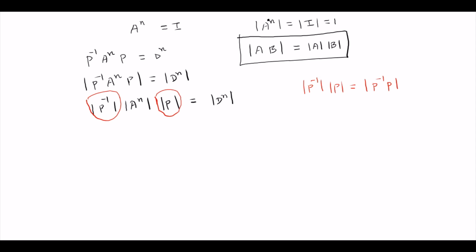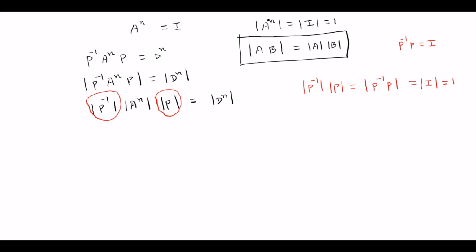If it is matrices, in general matrices won't commute. So since it is a number, we can flip this and combine it with this. So what happened here is determinant of I, because P inverse P is nothing but I. So therefore it is equal to 1.